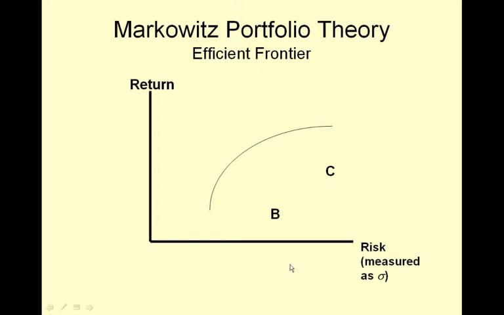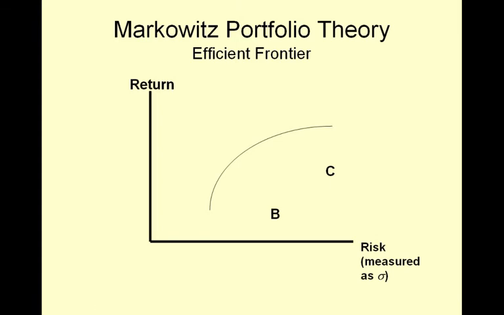Investment B has the same return and lower risk compared to investment A. And investment C has the same risk and a higher return compared to investment D. So we can eliminate A and D as potential investments in our portfolio because they're dominated by B and C respectively.